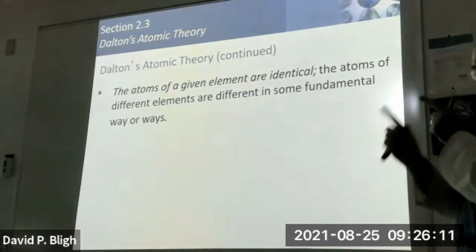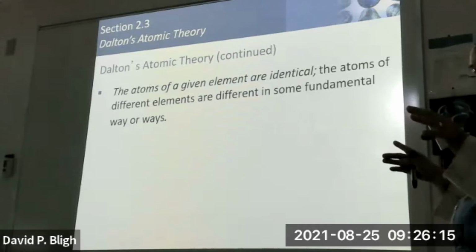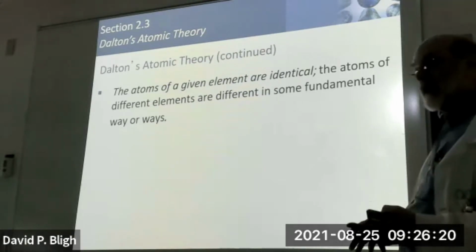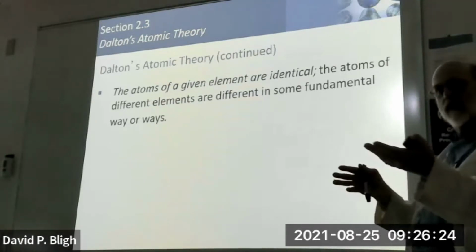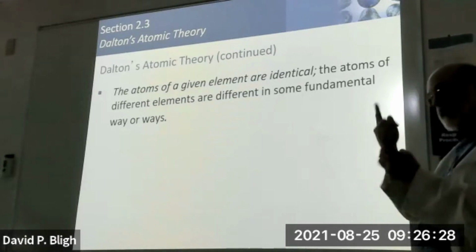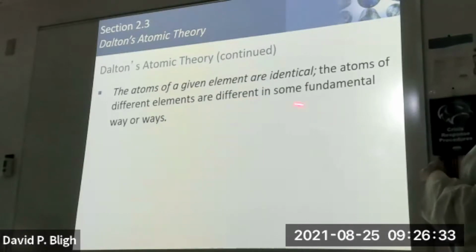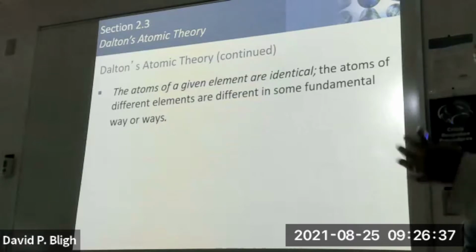Each element has its own atom. And the atoms of different elements are different. So that solved the problem that the ancient Greeks had of trying to explain how you get different things from the same kind of element, the same kind of atom. So that's what caused the difference in the elements. It's their atoms are different.